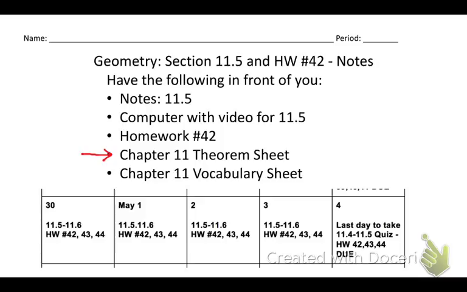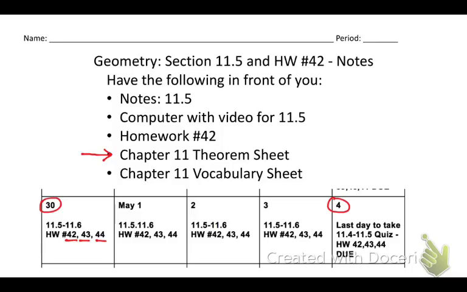So the week of April 30th to May 4th is focused on sections 11.5 to 11.6. Some people may be ahead of that, and that's fine. So associated with 11.5 and 11.6 is homework 42, 43, 44, and 45 is a review, just like the previous 2 weeks.